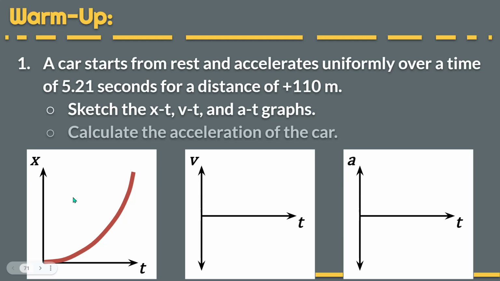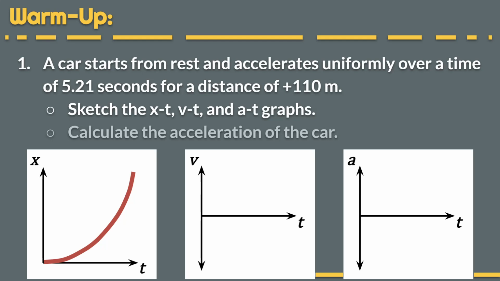For my v-t graph, again, the same two pieces of information are going to be helpful here. I know this car is going forward. I know it's speeding up. Okay, going forward on a v-t graph means that I need to be plotting my points, drawing my line in the positive region of the graph above the x-axis. The fact that it is getting faster, it's speeding up, means that that velocity needs to be changing.